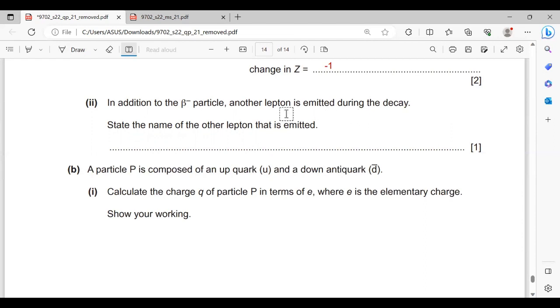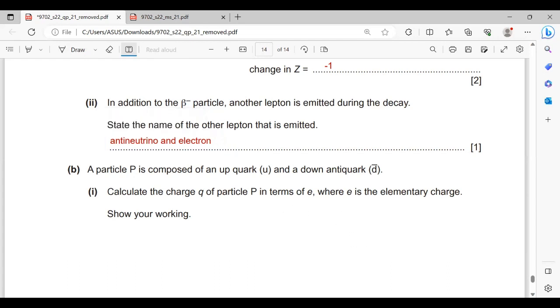Yeah, the other lepton is the anti-neutrino. Yeah, anti-neutrino. Sorry, neutrino. And electron.